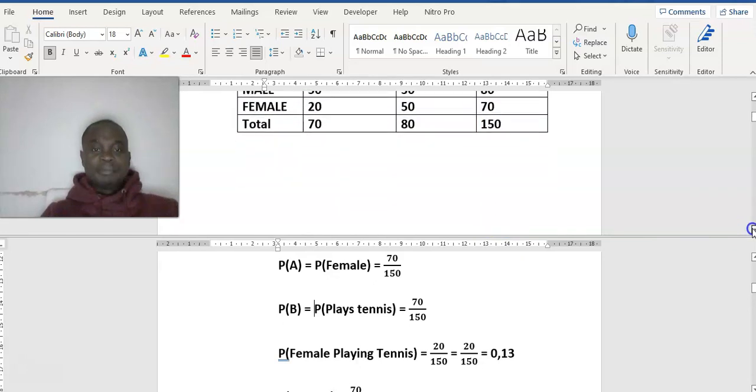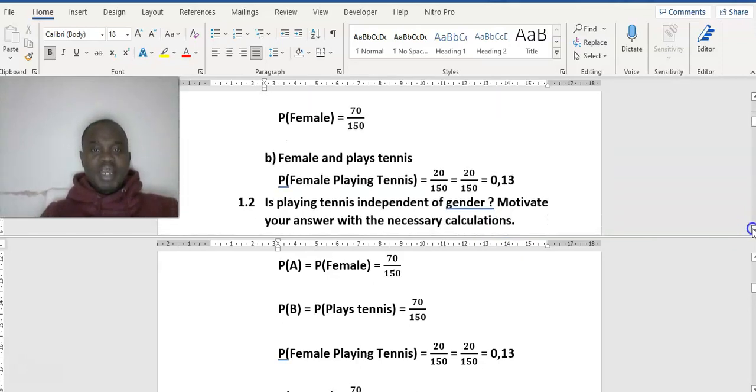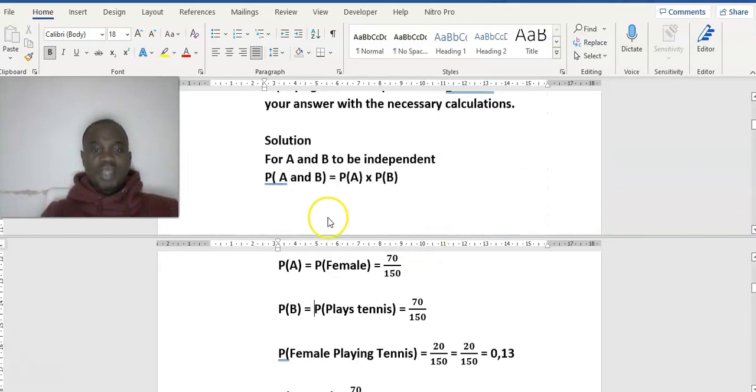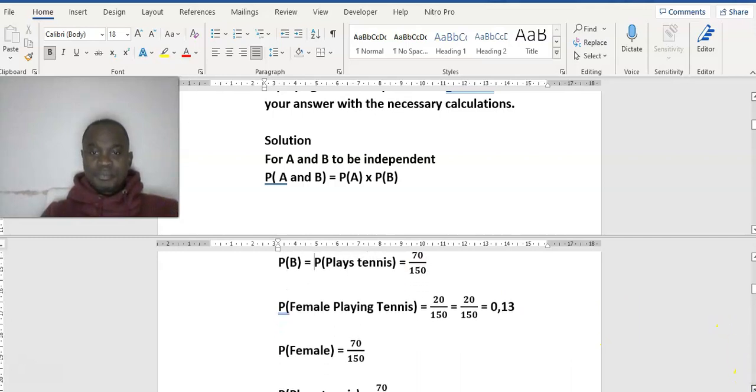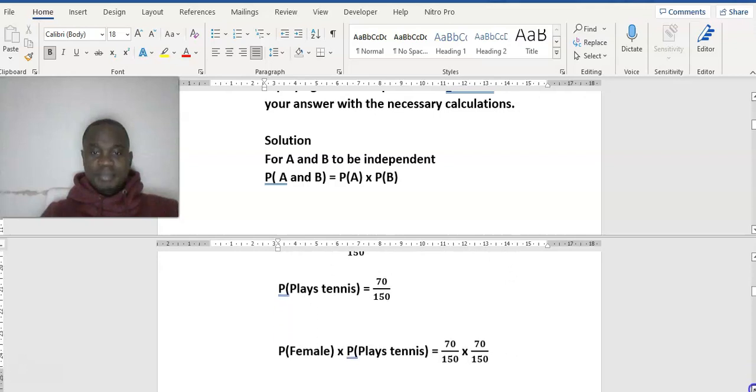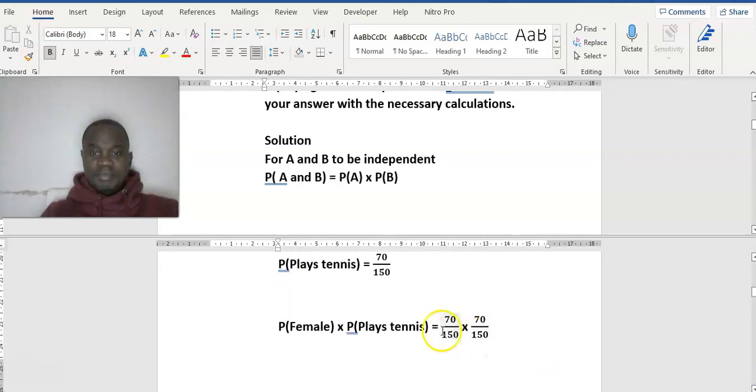So here we need the probability of A times B. Let's see if they are going to be equal. What's the probability of A? 70 over 150. What's the probability of B? 70 over 150. So if we multiply 70 over 150 by 70 over 150, what are we going to get?